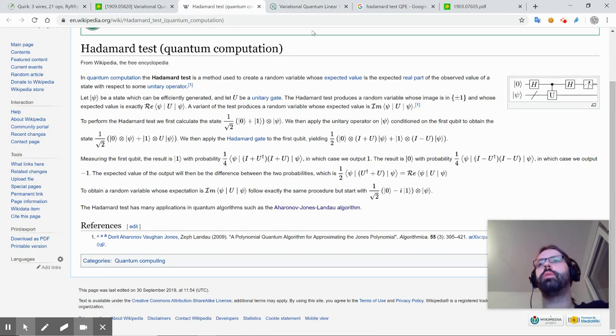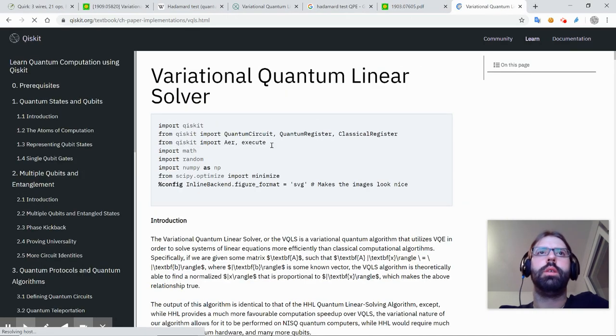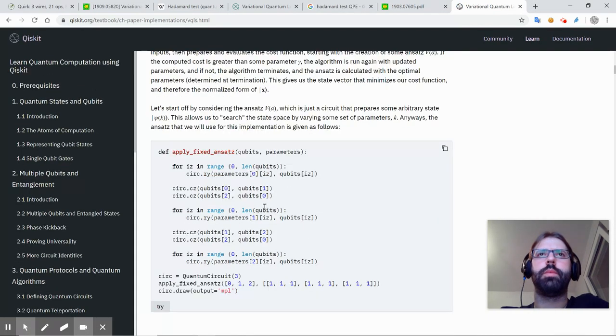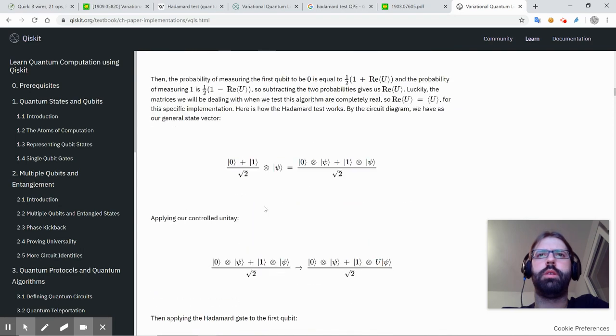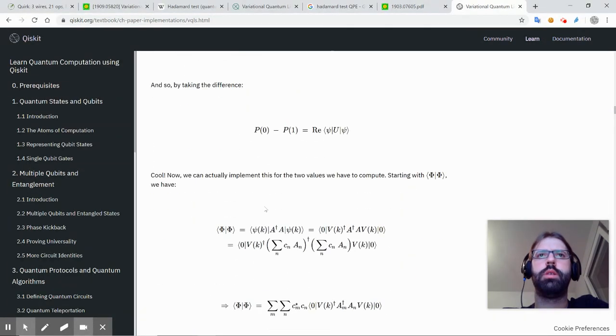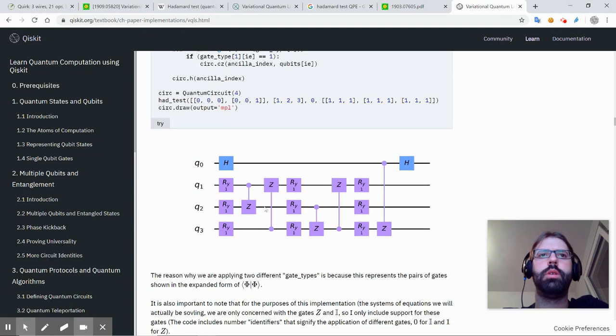Sorry, it's in my secondary screen, so I'll just copy paste the URL so I also keep it there. Where's the Hadamard test? The Hadamard test is here. Here you go.